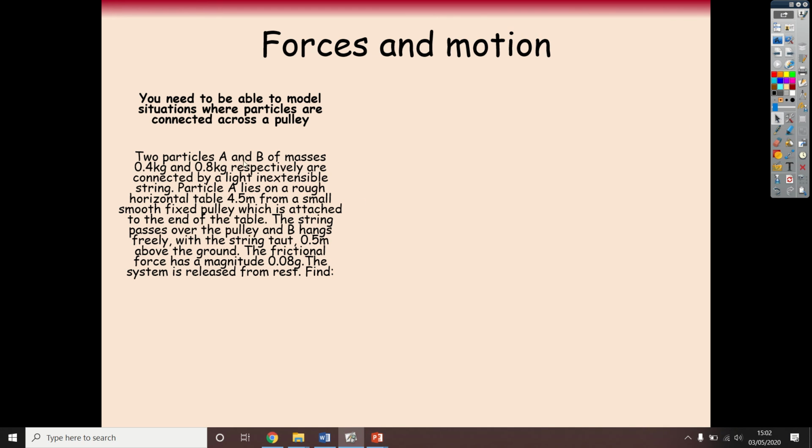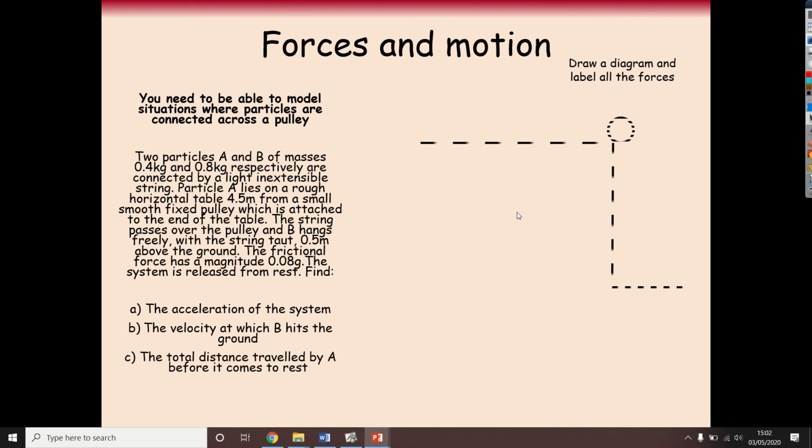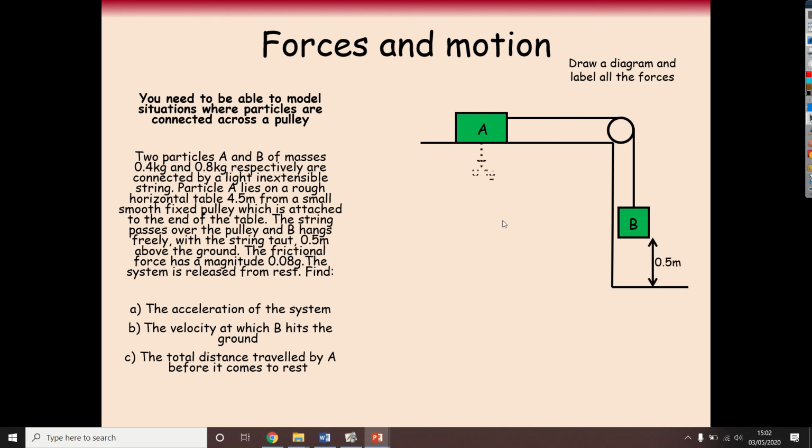Okay, one more example, quite a bulky paragraph. I think we'll go straight to the picture after we've seen what the questions are. Okay, and again, in an exam, you'll definitely get the picture, but you'll need to put the forces on, okay? So that's what we've got. We've got mass A, mass B, that one's hanging down. That's the height.